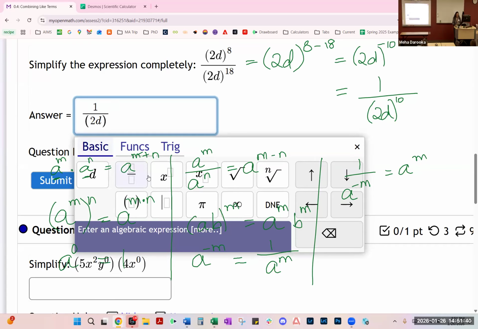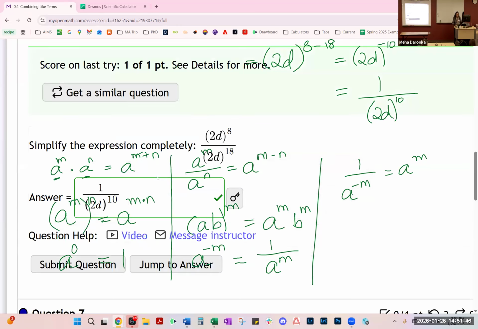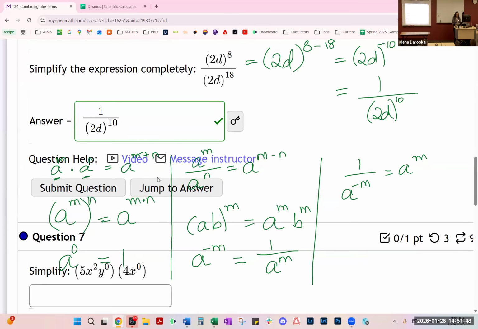So 2d raised to the 10th power. Huh, I really did not think it was going to accept it, but I guess it did. So just simplify it to where you have a positive exponent. And that is one of those rules we assume is always to leave your exponents with a positive value. So you wouldn't want to leave it with the negative 10.